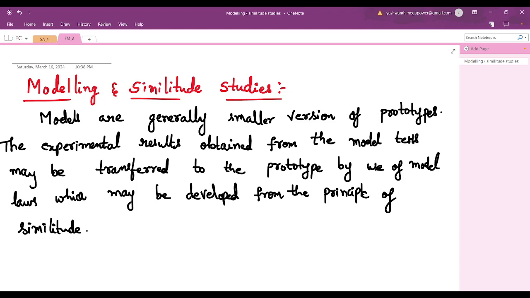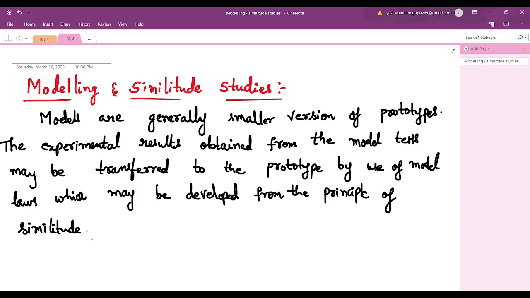So these three similarities should be satisfied between model and prototype. In such a way, we prepare the model. After preparing the models, we carry out the experiments on models, and these experimental results are transferred from model to prototype by using some model laws.